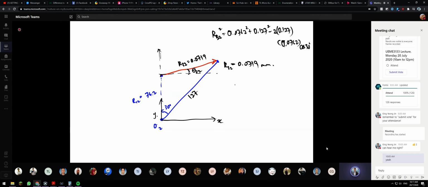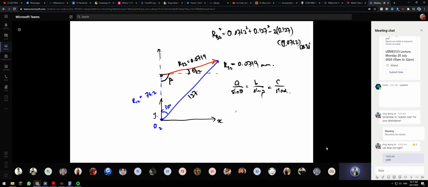Alright, so in order to find theta 32, you can use the sine rules. So we can find this angle first. Right? So what is this angle? So we label it as a beta, for example. So I can find, you still remember the sine rule? So if you have this A, B, and then C sine alpha, for example.